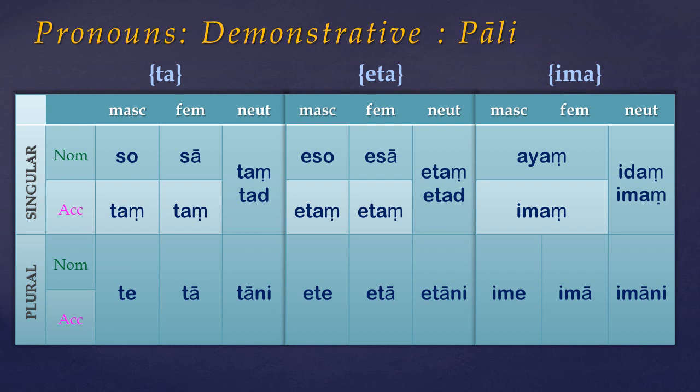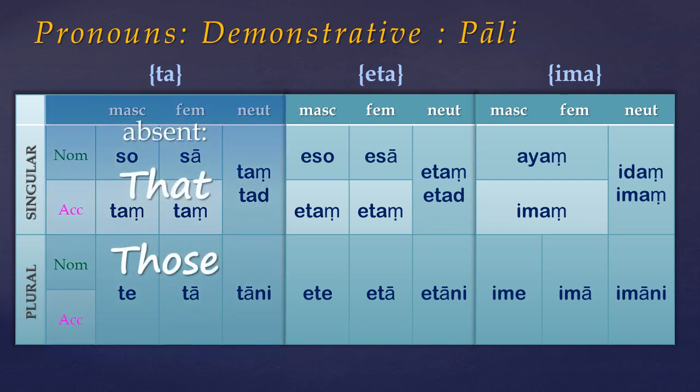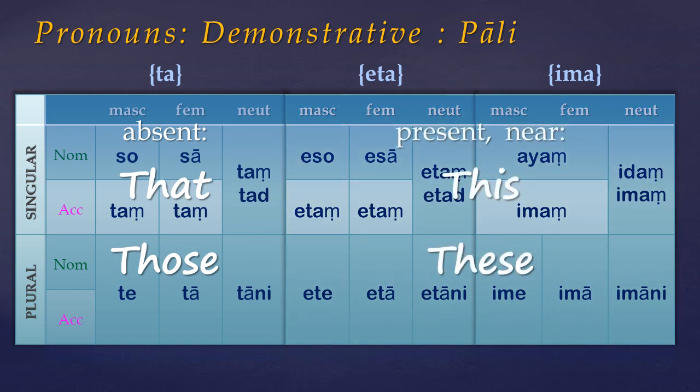And Warder tends to label these with the technical term deictic, which actually means obvious to the listener. So we can infer from this that pronouns which come from ta correspond more with the English word that, while pronouns from the stem eta and ima correspond more to the English word this. But it's also important to recognise that, like English, the distinction isn't firm.